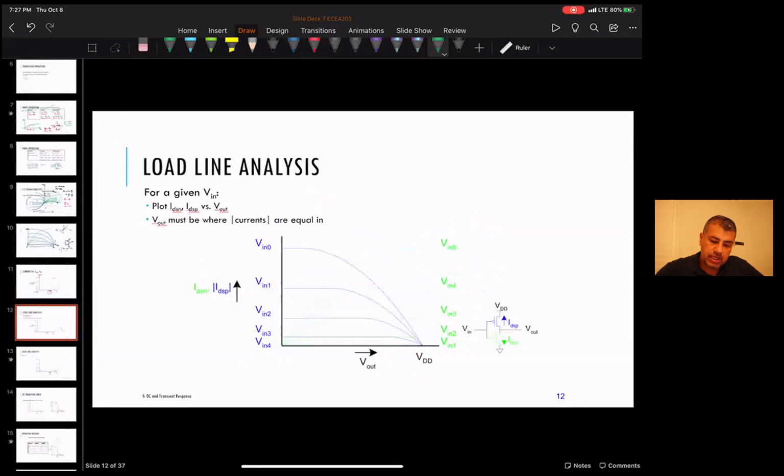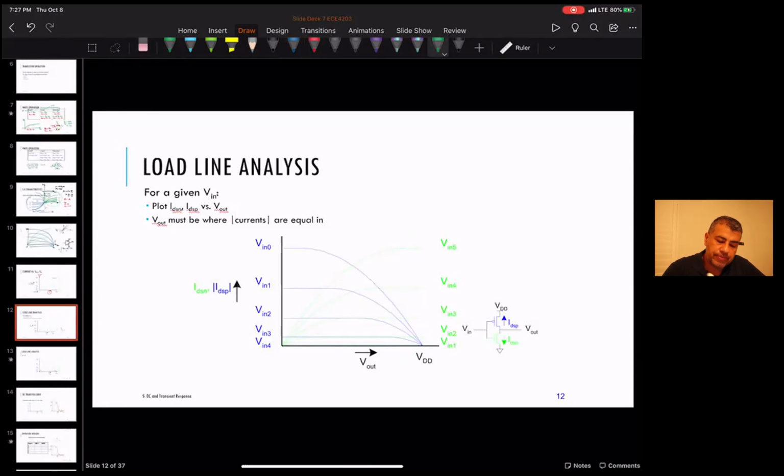So the way we would look at this, we plot this thing, and for each V out, you end up in a place where the V ins are the same.